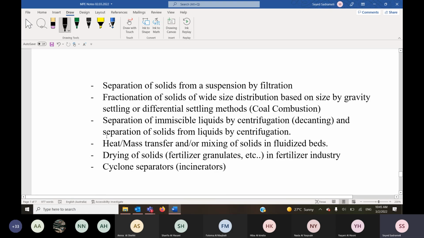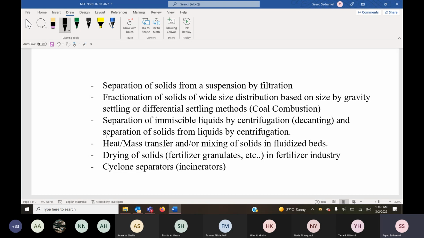Separation of immiscible liquids by centrifugation or decanting, and separation of solids from liquids by centrifugation. So we also have a solution of solids with liquid together as a product of the reactor. When the products of the reactor are collected, they are a mixture of liquid and solids together.